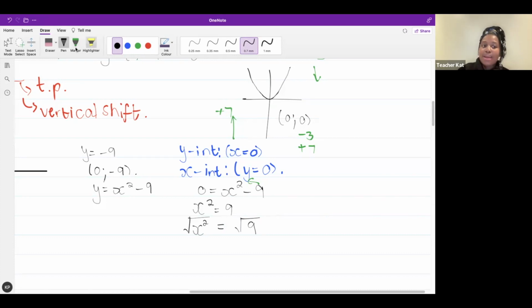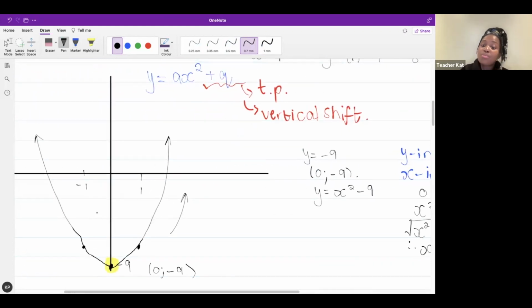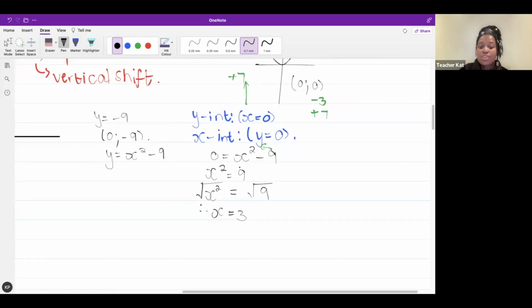It is the plus or minus, guys. You see why this one is dangerous? If I just say x is the positive square root of 9, then I'm going to say, therefore, x is 3. And that's only one solution, which means you will miss out on this solution. Be careful. So if you are going to introduce a square root, you need to remember to do plus or minus. Yes, Abu. It's two solutions. So x is either positive 3 or x is negative 3.